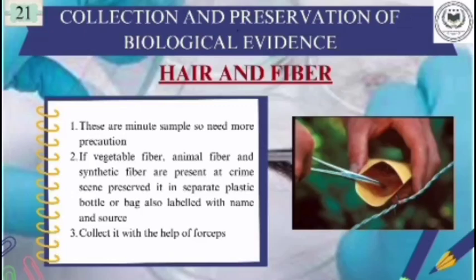Fibers are classified into several types: vegetable, animal, synthetic, artificial fiber and so on. All of these fibers may be present at a crime scene. Collect those fibers in different packets and label them with a name and source. Collect the hair and fiber samples with the help of forceps.